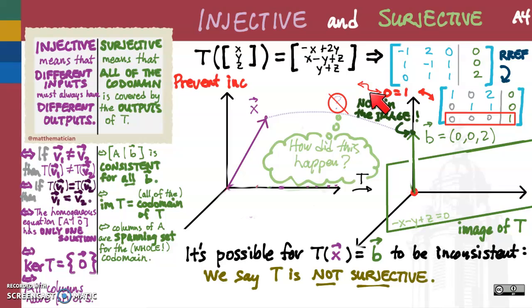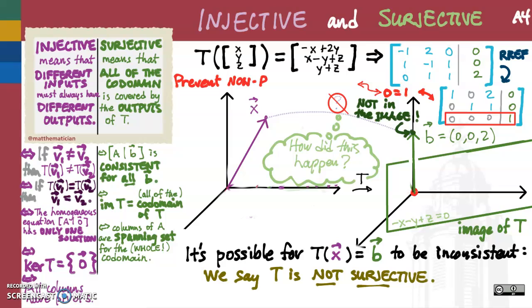Well, what is a better way to rule this out? From a computational perspective, if I want to prevent this inconsistency from ever happening, no matter what right-hand side you give me, I can rule out the possibility of getting a contradiction down here only if I can guarantee that none of the rows of my reduced row echelon form are going to disappear.